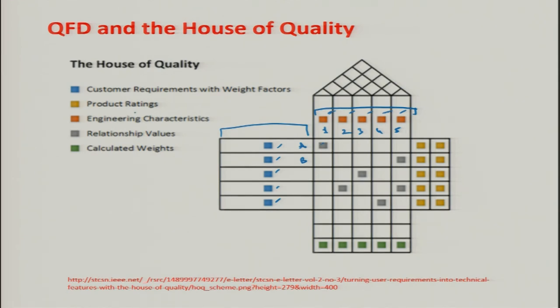Now, product ratings are here. Product ratings are the customer rating or the competitors' ratings. Then we have the calculated weights, which are the importance ratings multiplied by the ratings that we have here. Now, let me come to an example, then we will discuss the QFD in detail.